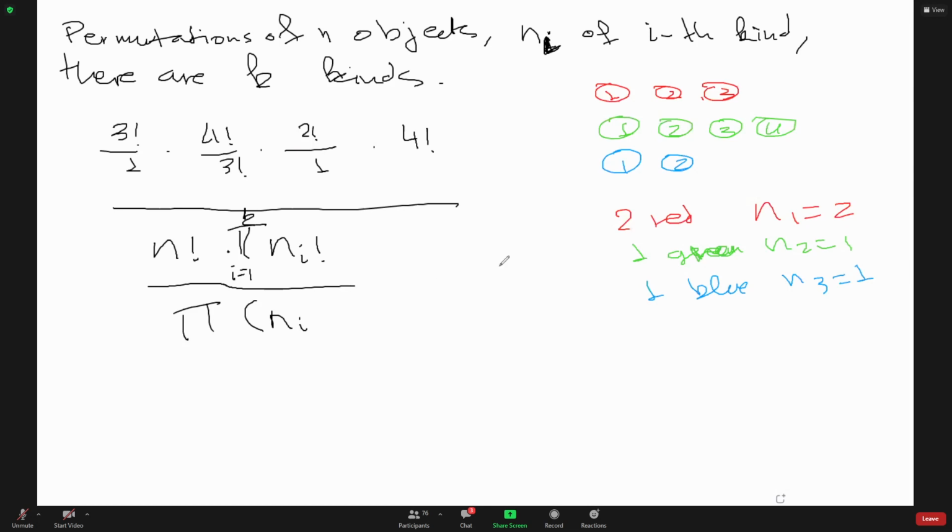Okay. So is this example an example of this problem? No, it's not, I guess. Why? Because in our example, we had a total of 9 balls, but we have only 4 places to place them.